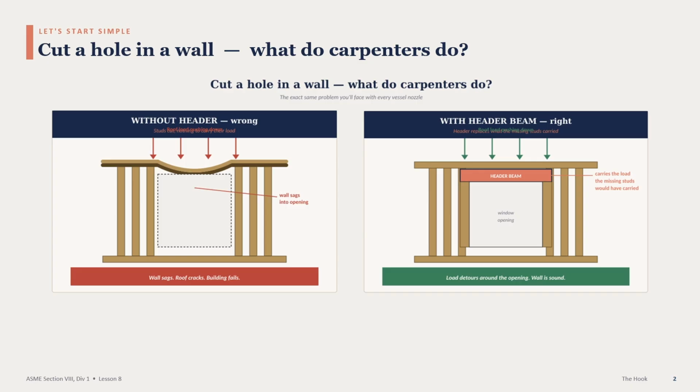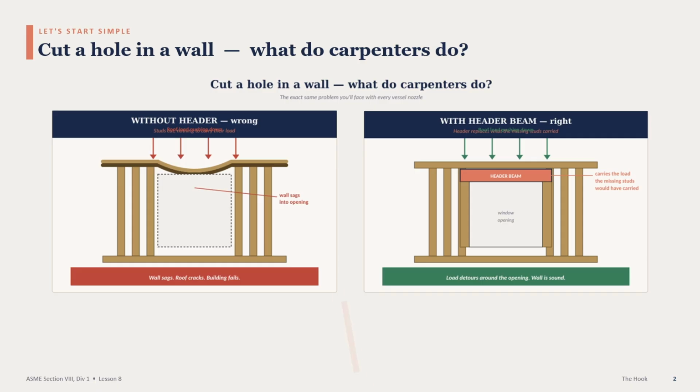Install a header, a big horizontal beam right above the window opening, supported by jack studs on either side. That header now carries the load the missing studs used to carry.